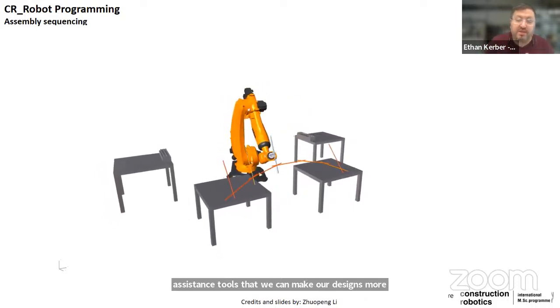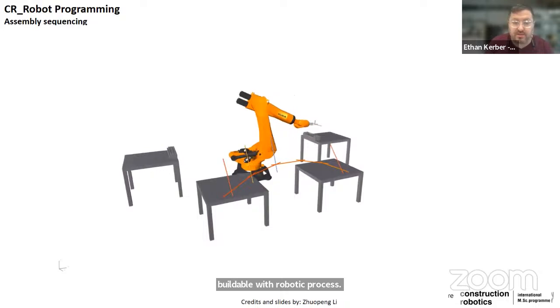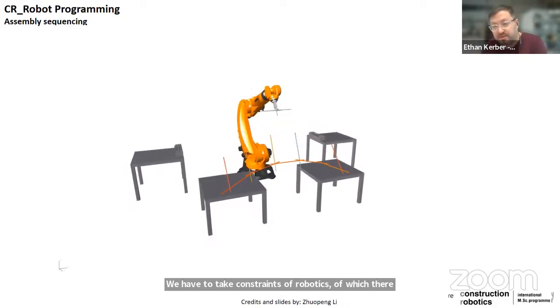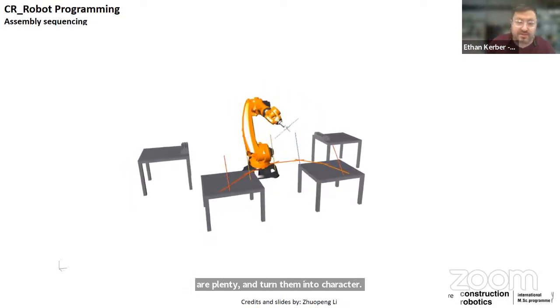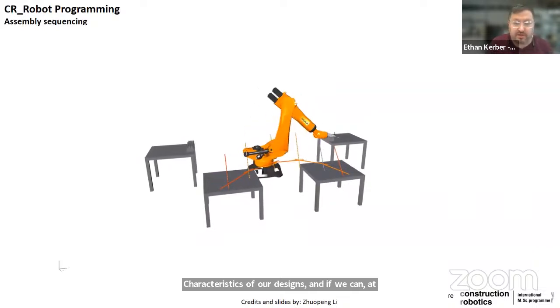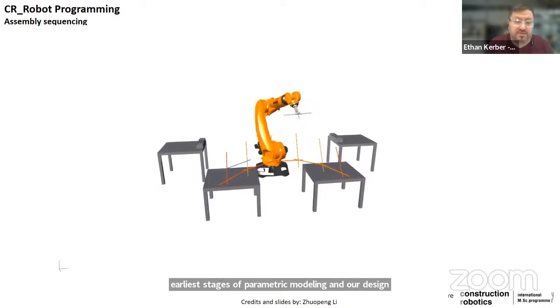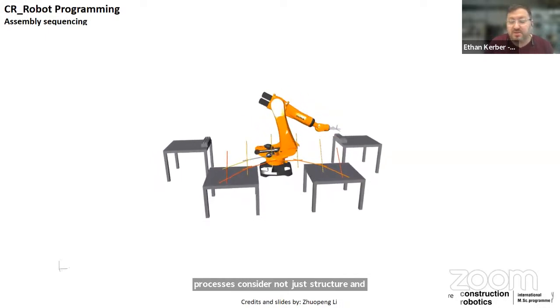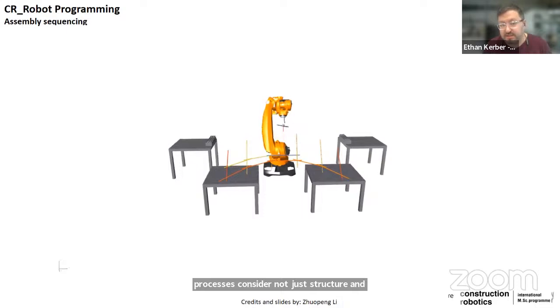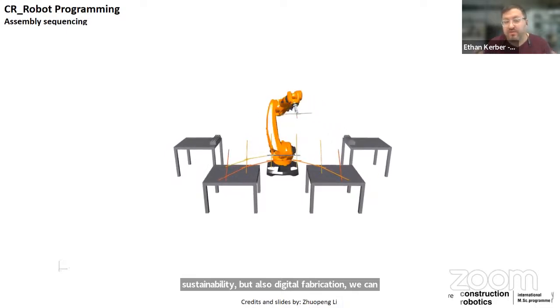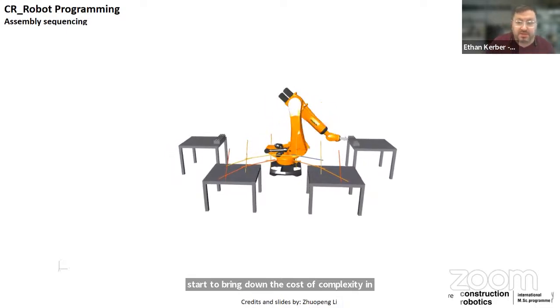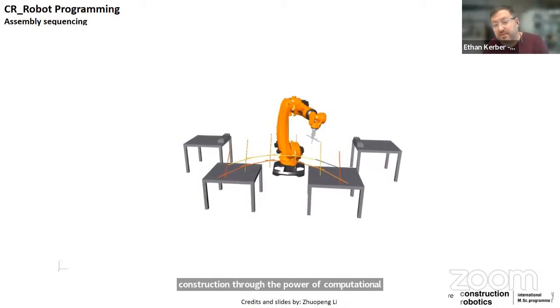We have to take constraints of robotics, of which there are plenty, and turn them into characteristics of our designs. And if we can, at the earliest stages of parametric modeling and our design processes, consider not just structure and sustainability, but also digital fabrication, we can start to bring down the cost of complexity in construction through the power of computational design, optimization, engineering, and also digital fabrication.